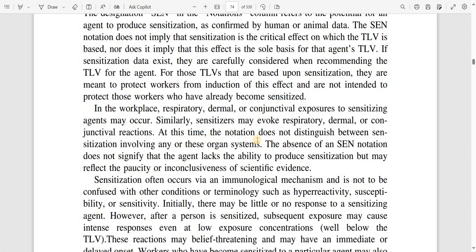At this time, the notation does not distinguish between sensitization involving any of these organ systems. The absence of an SEN notation does not signify that the agent lacks the ability to produce sensitization, but may reflect the paucity or inconclusiveness of scientific evidence.